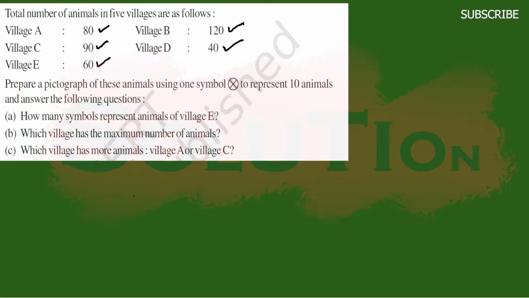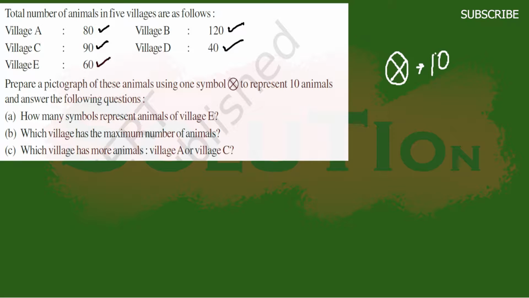So altogether we can represent 10 animals at a time with the help of a picture. Let us draw the symbol and divide it in 5 equal parts. So one symbol means 10.